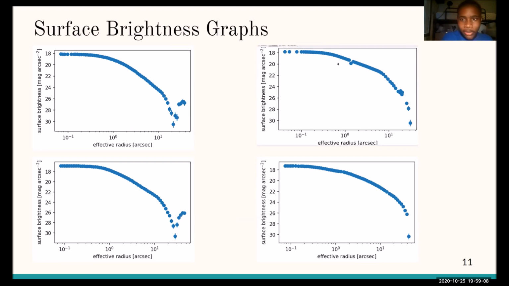But on the left here, you can see two other galaxies that have the puffed up profiles, the ones where there's a little bit of an increase in the surface brightness on the outskirts. That was an interesting find, because that way we are able to determine if this phenomenon is specific to the Virgo cluster, or if it's a general pattern between cluster and field galaxies.